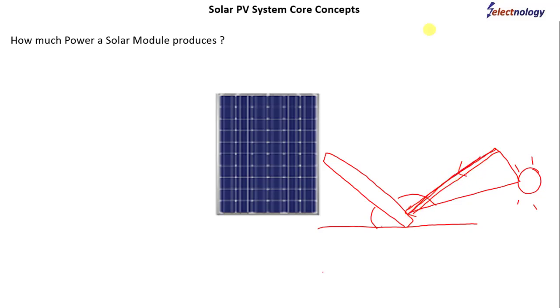The reason is that the total accumulated energy being received by the PV module shall be equivalent to this part, and this is a trigonometric calculation. We can find it out because we know these angles. It's not within the scope of this presentation. Anyhow, it's just to let you know that only a component of the sun energy can be considered for calculations, and that can be easily found out.